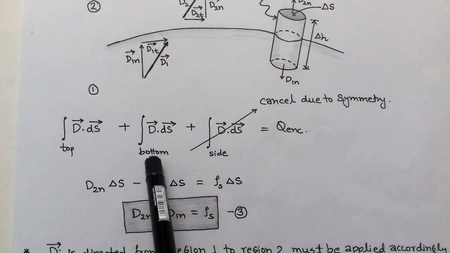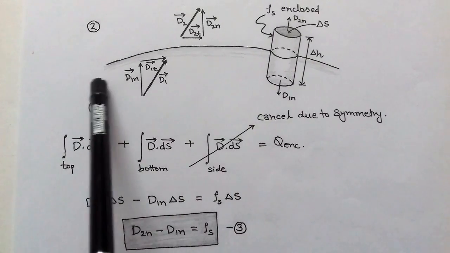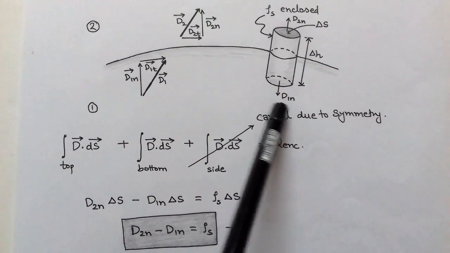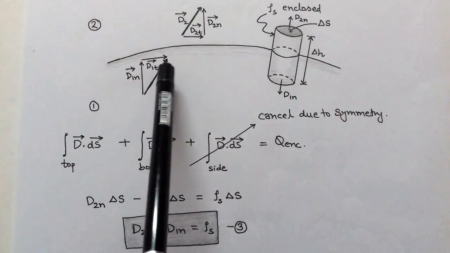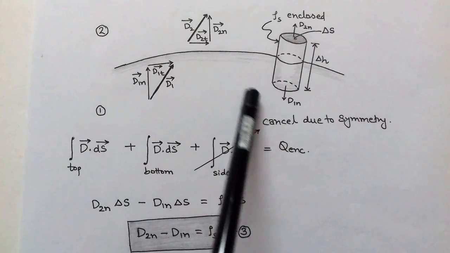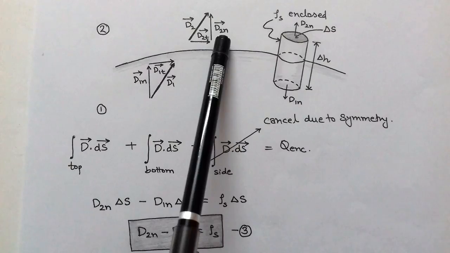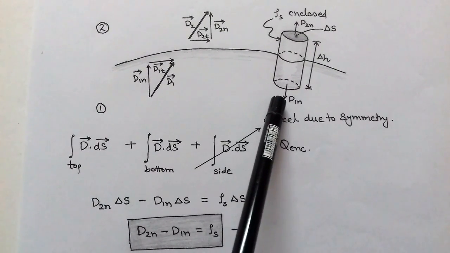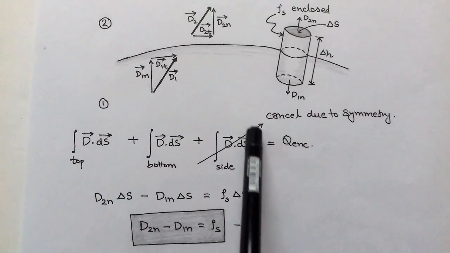Now the top surface has a normal direction, that is the normal component of D2, that is D2n. And the bottom surface of this cylinder again has a normal direction, but in this case this normal direction is opposite to the given one, D1n.